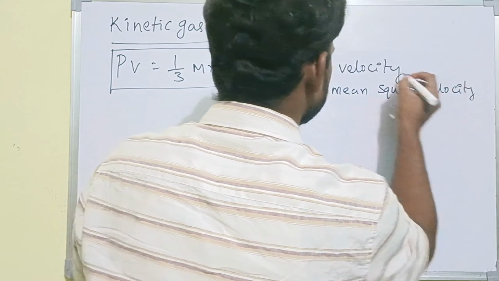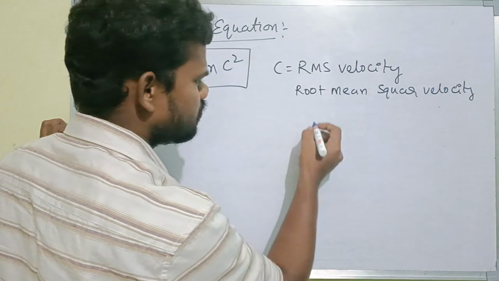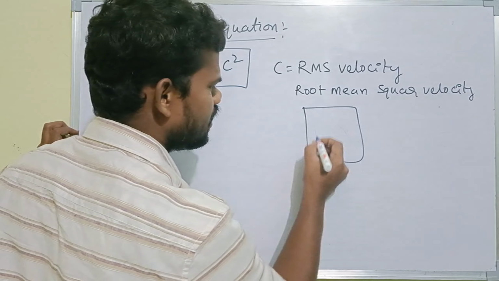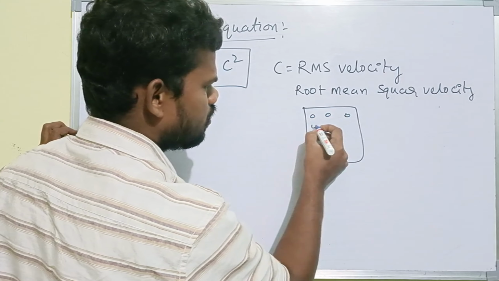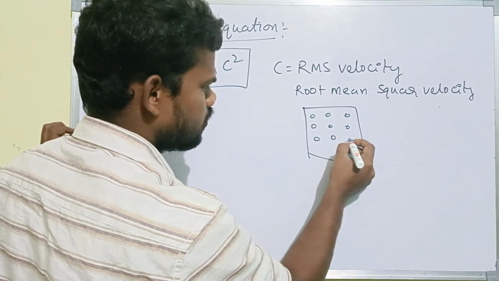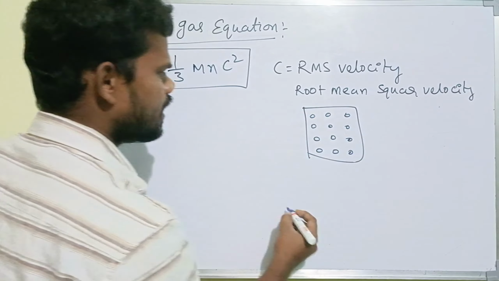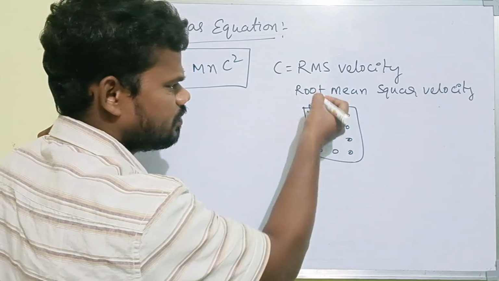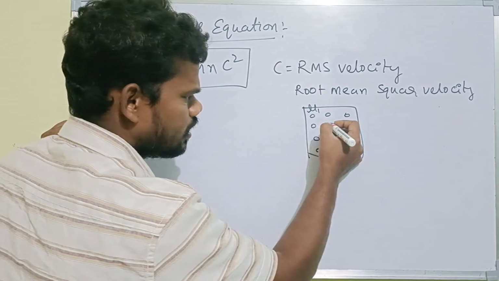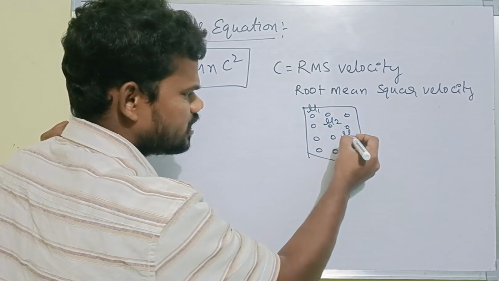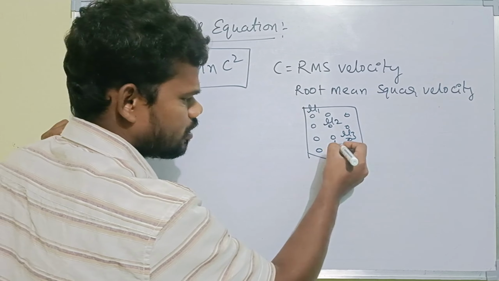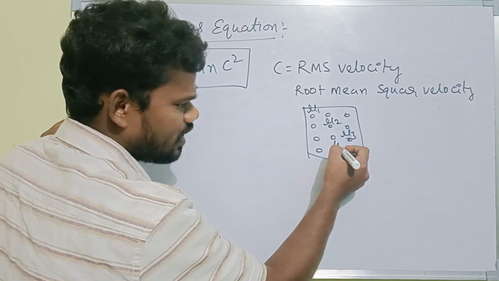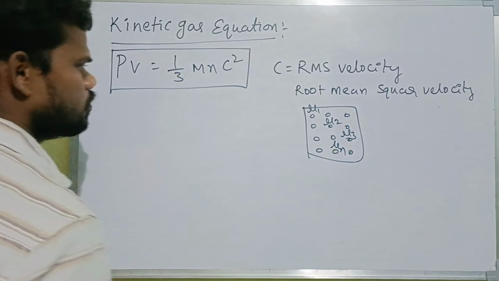So how do we define this root mean square velocity? Let us say, for example, we have n number of gaseous molecules. One gas molecule has a speed or velocity nu1, another has nu2, another nu3, and so on up to nu-n.